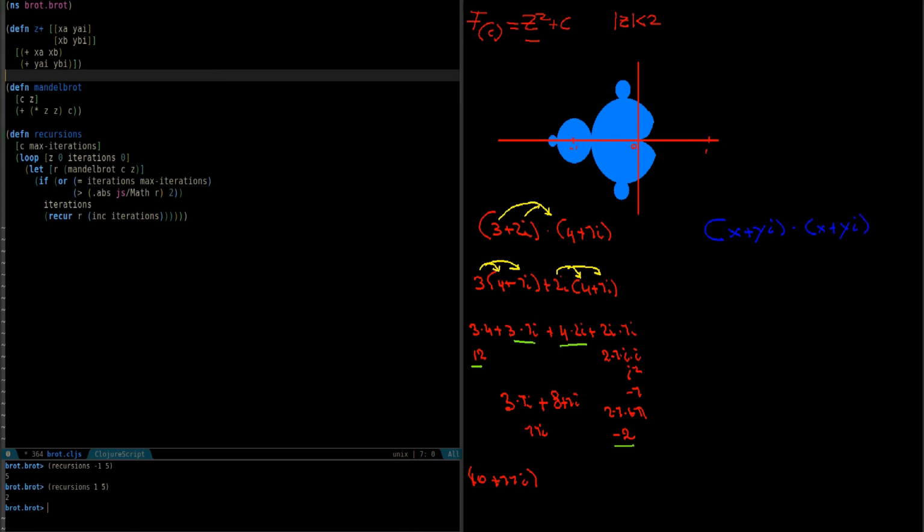That makes it a bit easier. So let's take the real part of the first times the second and the imaginary part of the first times the second, which gives us x times (x plus yi) plus yi times (x plus yi).